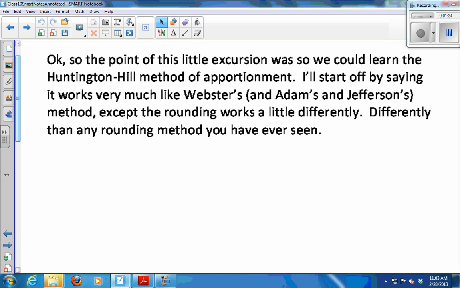With Jefferson's, you round down. With Adams, you always round up. With Webster's, you round using the standard rounding method: 0.5 and above, round up; below 0.5, round down. We're going to have a new rounding method here, which is totally different than any kind of rounding you've ever seen. It's not round down, it's not round up, it's not regular rounding. It's based on the geometric mean.